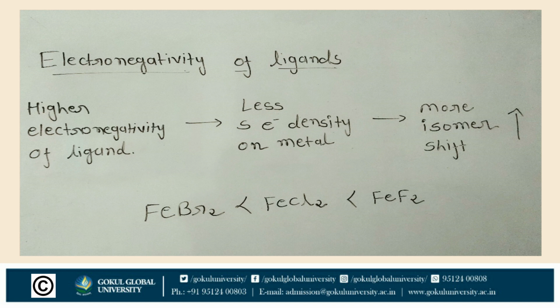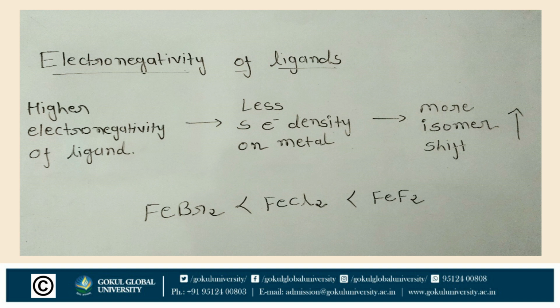Next factor that affects the isomer shift is the electronegativity of the ligand. If the ligand has higher electronegativity, what happens? In the case of a ligand with high electronegativity, it will have the tendency to attract the electron density towards itself.